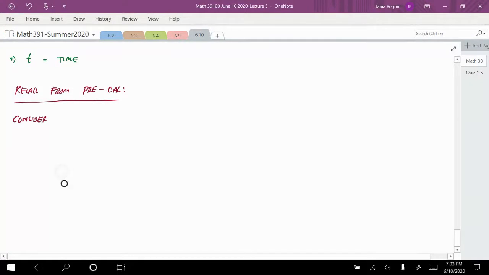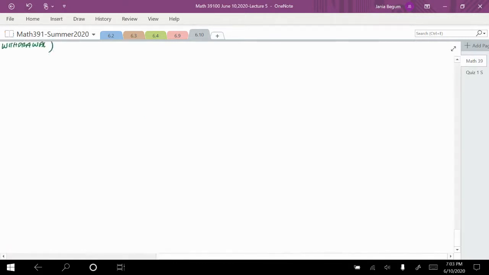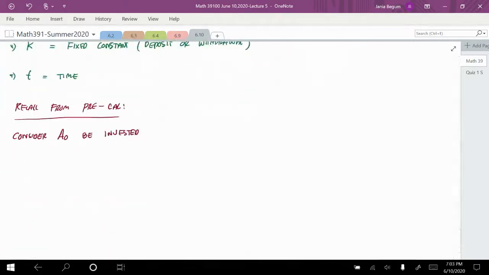Let's consider A naught invested at 6% per annum.